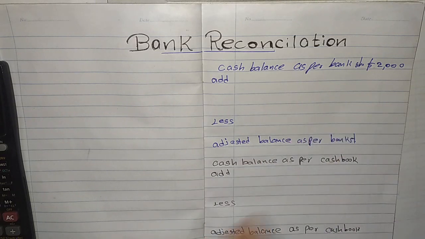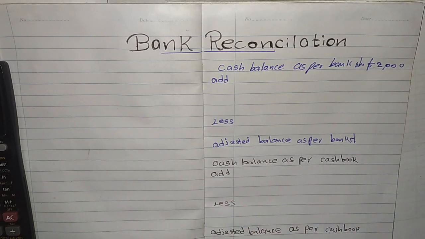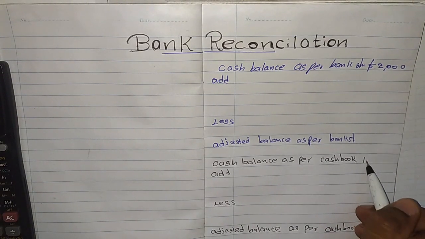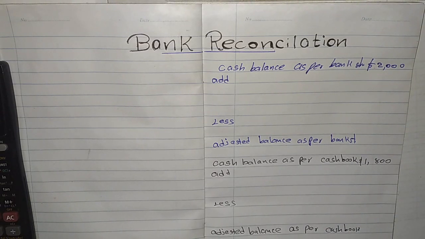If you look at our general ledger account, our general ledger is showing we don't have $2,000. It says that we have $1,800. So we need to reconcile these two numbers.